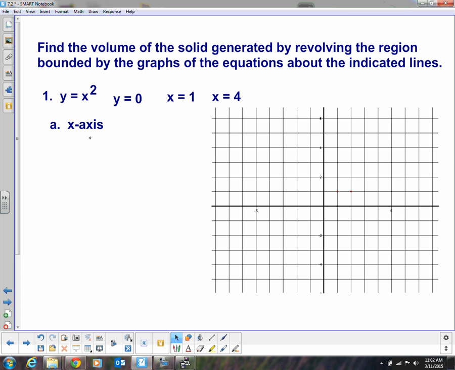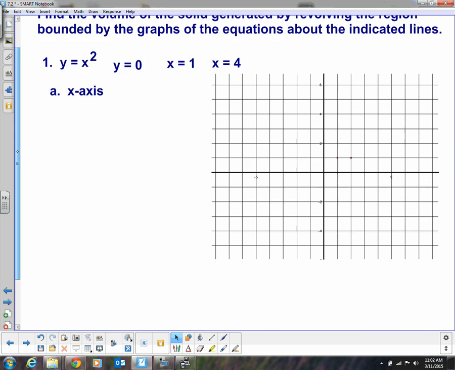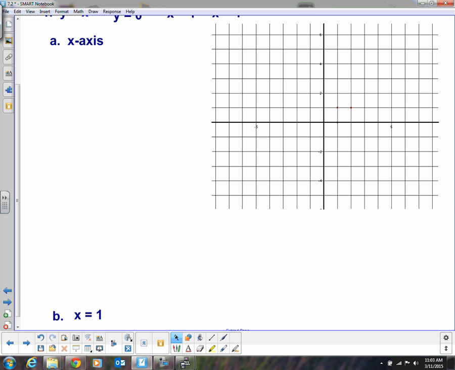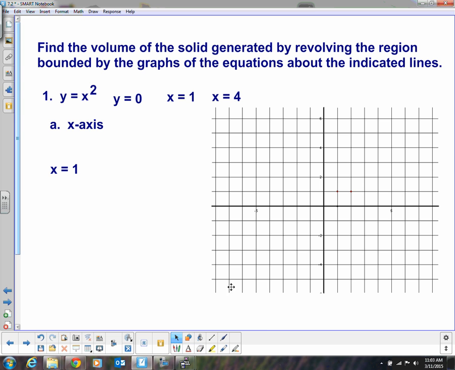We already did this one yesterday, but we didn't do this axis of revolution. So let's go back. Yesterday when we graphed this, we had y equals 0, x equals 1, and x equals 4, correct? These are notes.